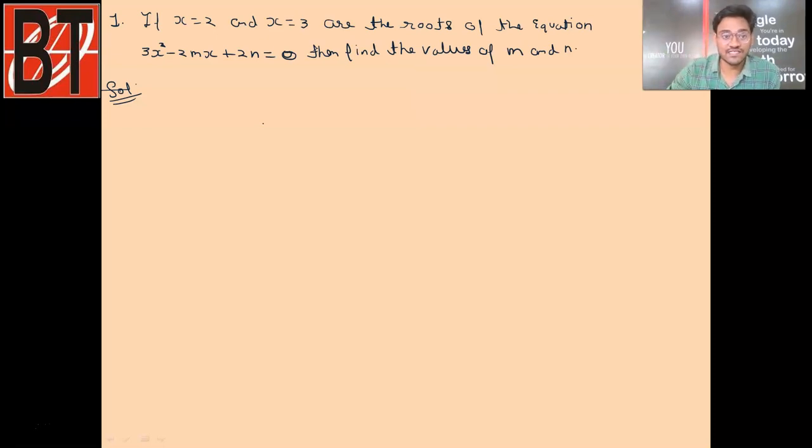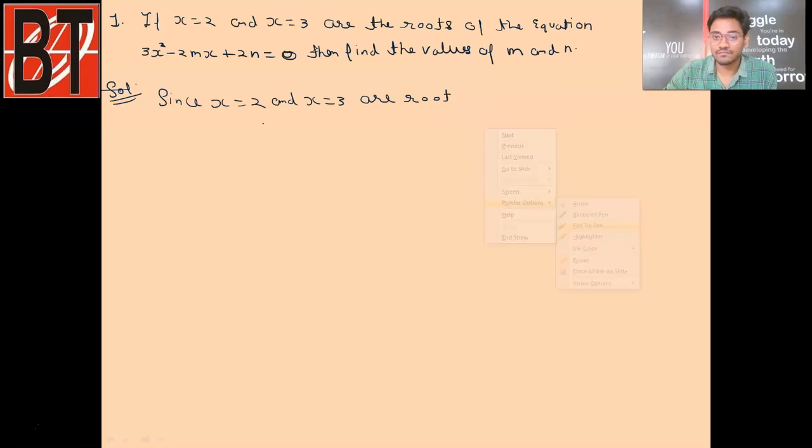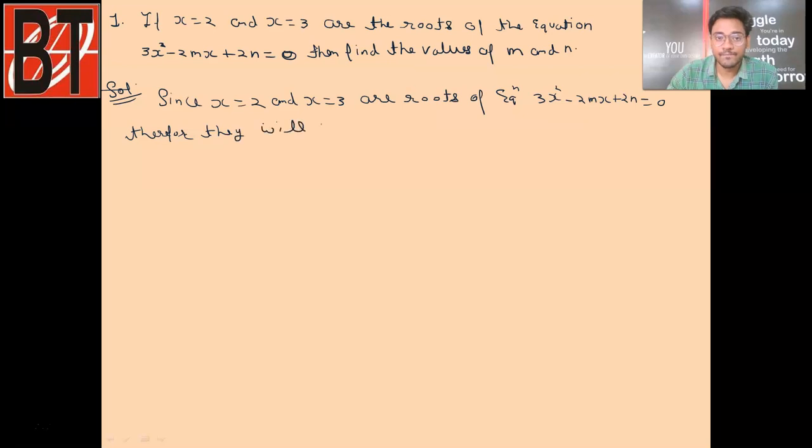So I can write in this way, since x is equal to 2 and x is equal to 3 are roots of the equation 3x square minus 2mx plus 2n is equal to 0, they will satisfy the equation.